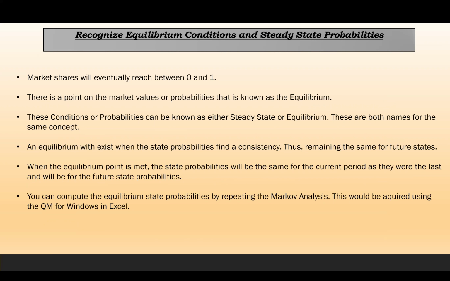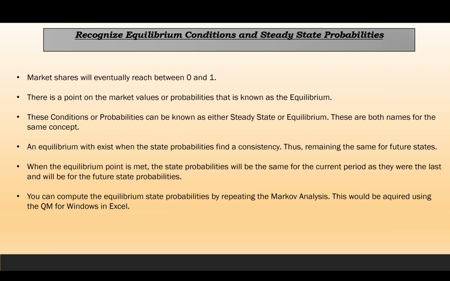Typically, you want your market shares, when trying to find your equilibrium, between 0 and 1. Following that, there is a point on the market values and probabilities that is known as the equilibrium, and that is also known as steady state probabilities. They are both the exact same concept.